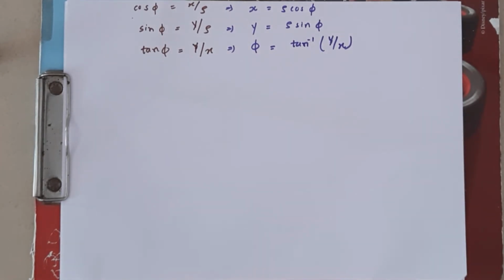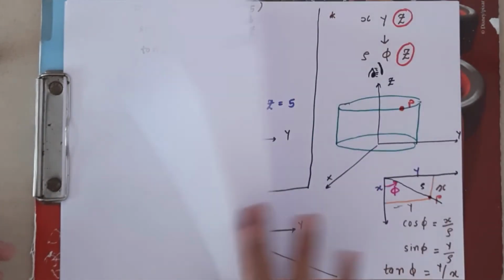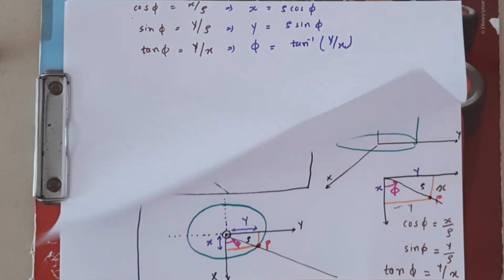Now I have to write the relationship between the Cartesian coordinate system and the cylindrical coordinate system. First, we relate x, y, z with rho, phi and z.